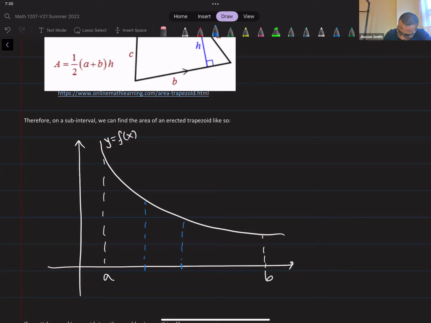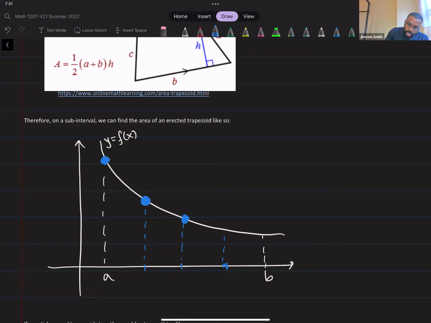We will use these endpoints of where the intervals touch the function, and connect them with a straight line, like this, and this, and this, and this, and then add the vertical sides. You notice that all these red shapes are trapezoids. They're not rectangles anymore because they have a slant edge.